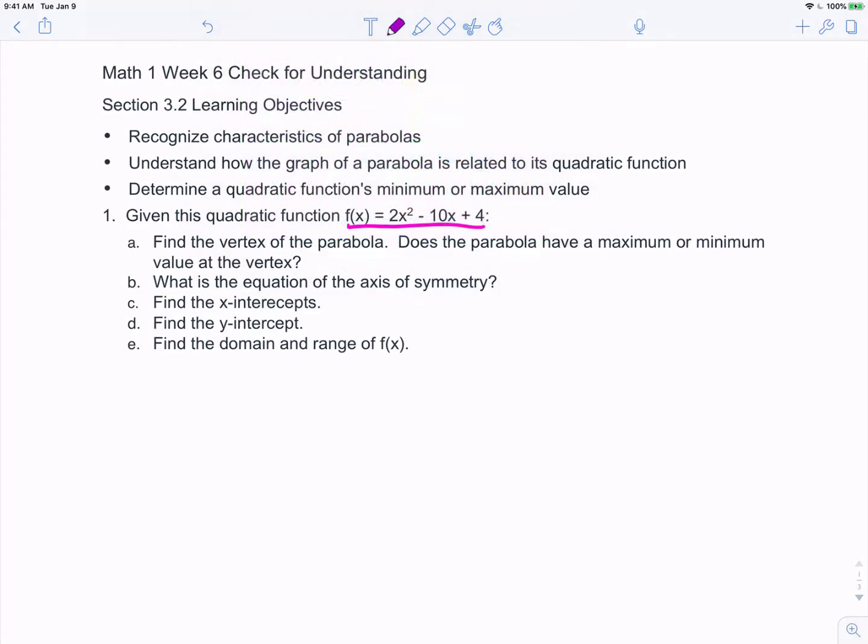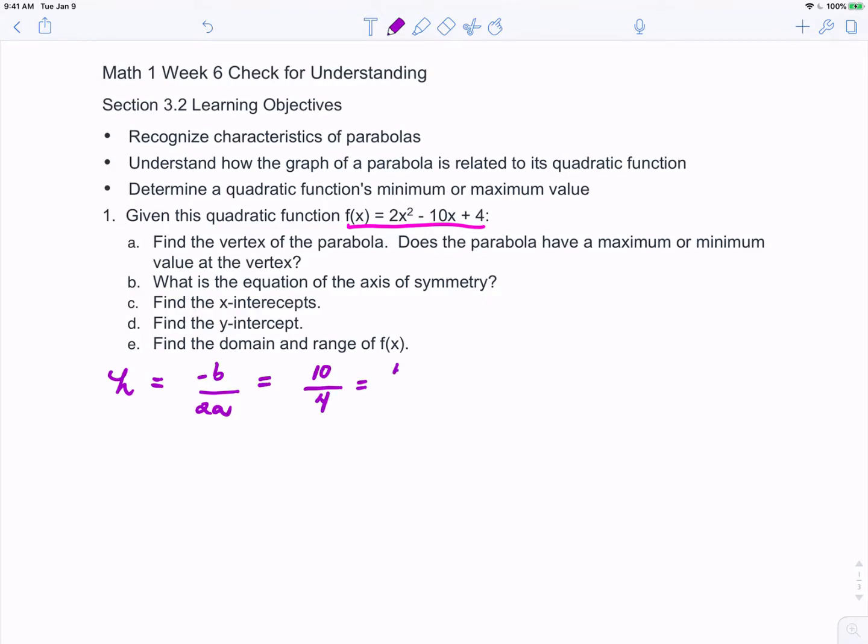Now, the first thing to notice is that this parabola is not in standard form, and so to find its vertex, we have to use the formula that the x-coordinate of the vertex, h, is equal to the opposite of b over 2a. That would be the opposite of negative 10, which is 10, over 2 times 2, which is 4.